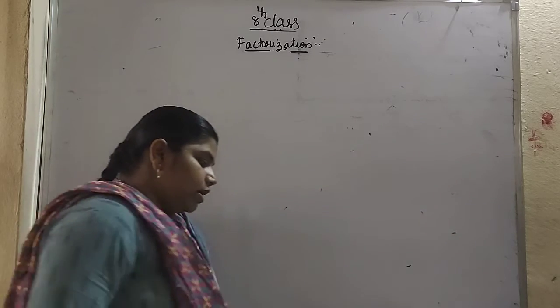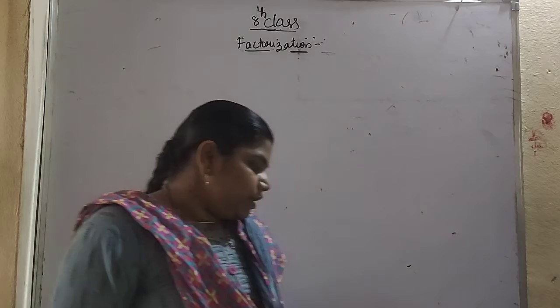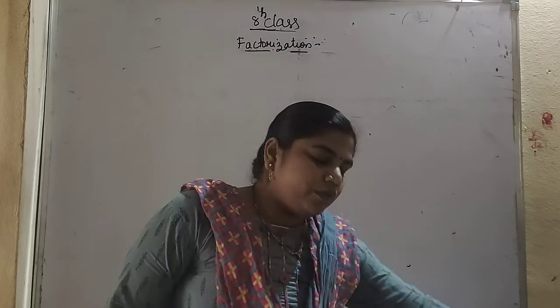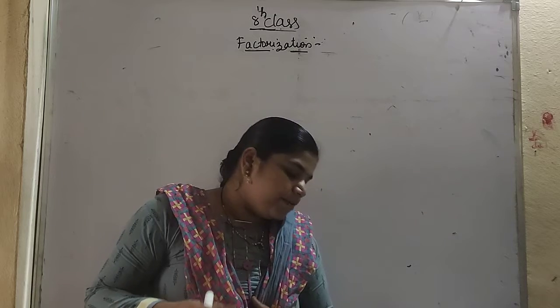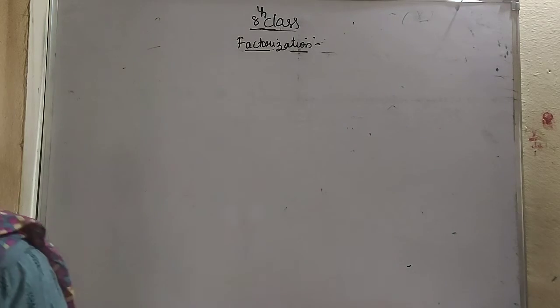First one, find the common factors of the given terms in each case. So what we have to do is take out the common factors in each and every term here.